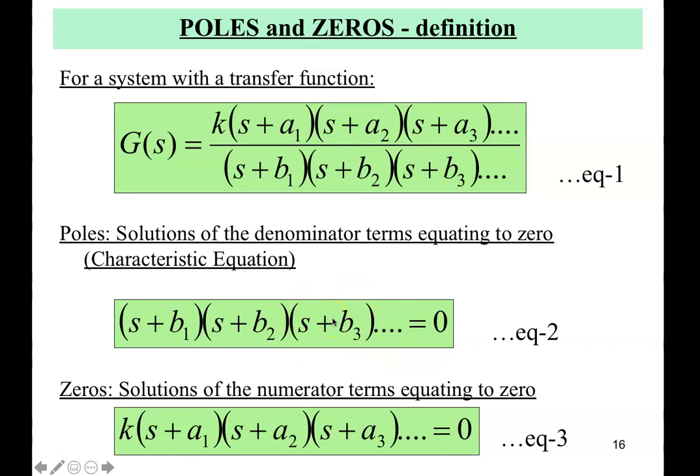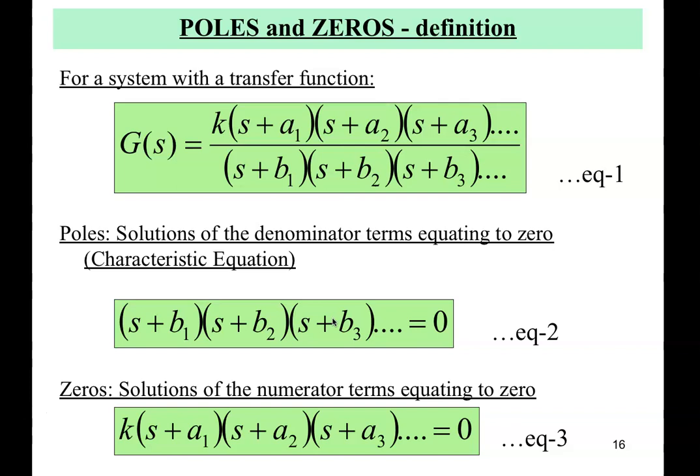This equation is very important, okay? It's known as the characteristic equation of the transfer function, or of the plant. The solutions or the roots of equation 2 are the poles of your system.